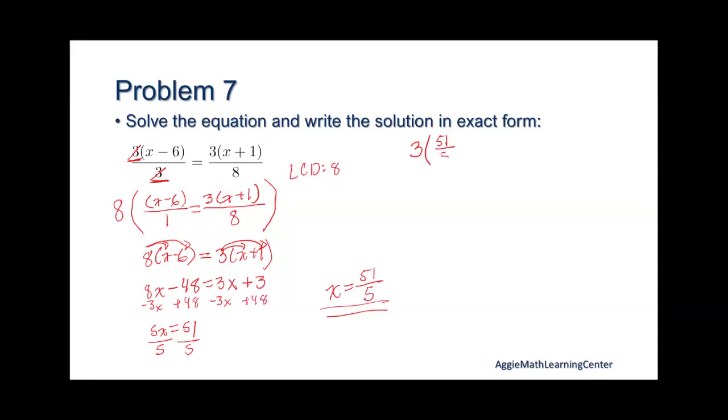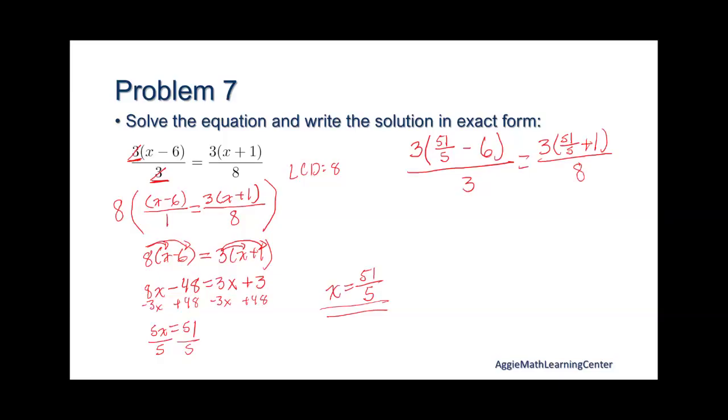51 over 5 minus 6. So how are we going to simplify? Where do we start? Can we cancel out the 3s again?